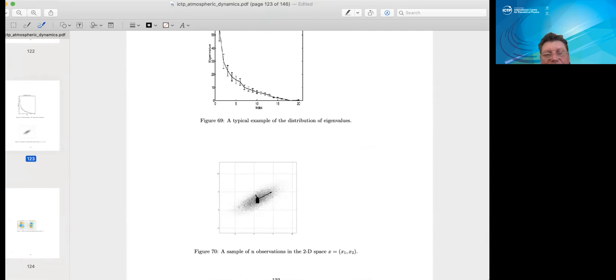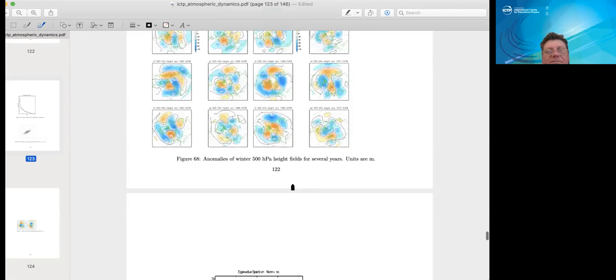And the EOF would be to find in this two-dimensional space two axes essentially. So what we're trying to do is project all these data points on, for example, this line here, and try to maximize. So EOF tries to maximize the variance in that direction. This is different from linear regression.